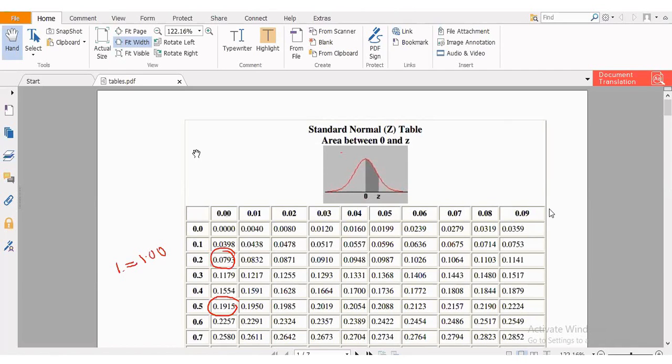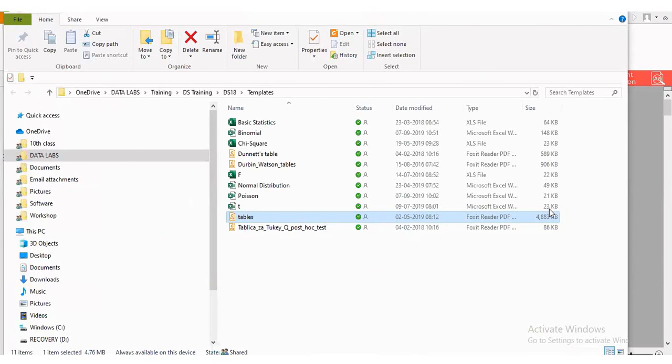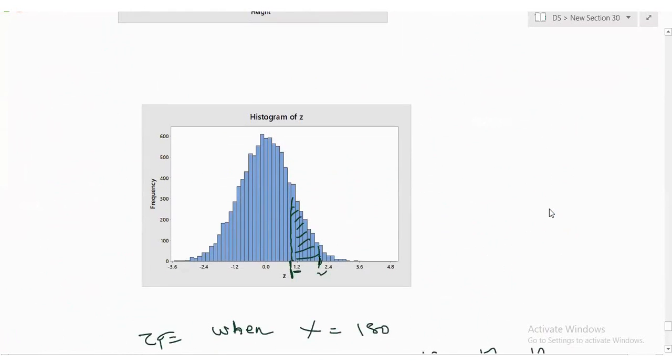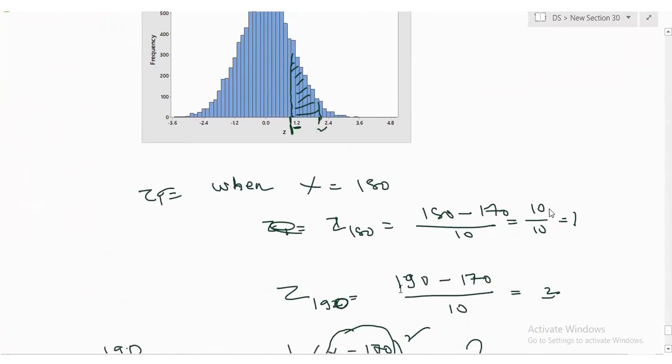So for example, now I want to find out the area between, let's say, this 180 to 190, which is equivalent to finding out the area between 1 and 2.